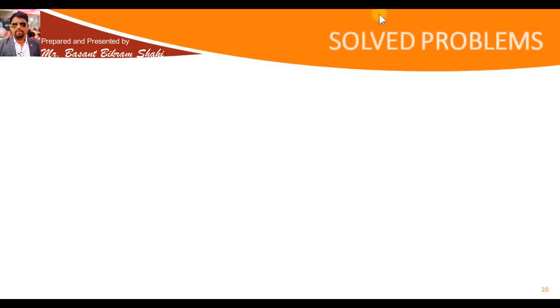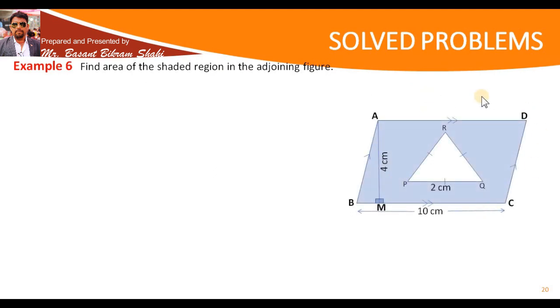Now we will see another solved problem. Example number 6. Find area of the saddle region in the adjoining figure. This is the given figure, in which ABCD is a parallelogram with height AM, and this is an equilateral triangle having all sides equal, and side is 2 centimeter.